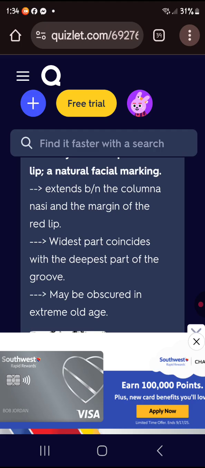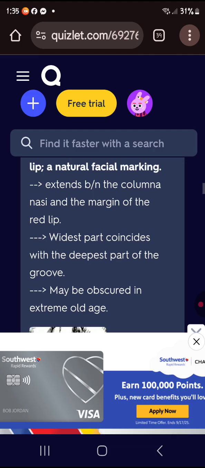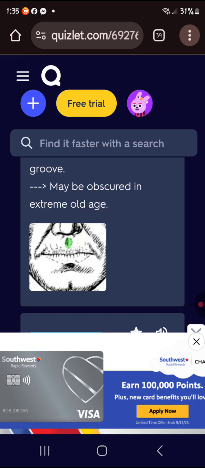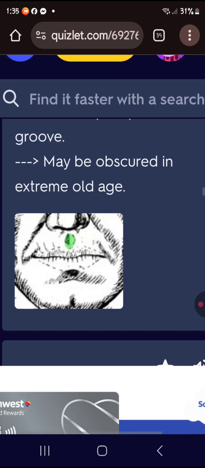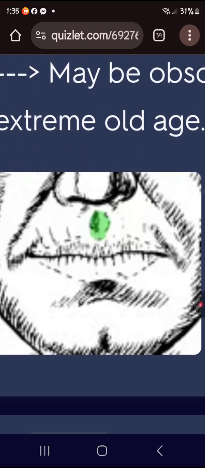The margin of the red lip. With the philtrum, the widest part coincides with the deepest part of the groove. And it may be obscured in extreme old age.